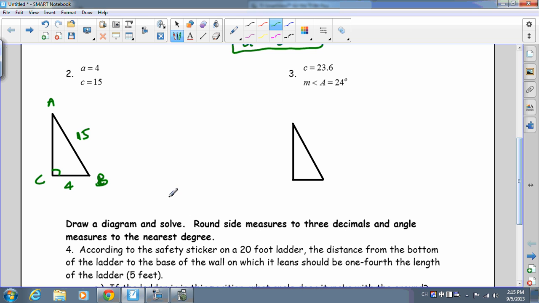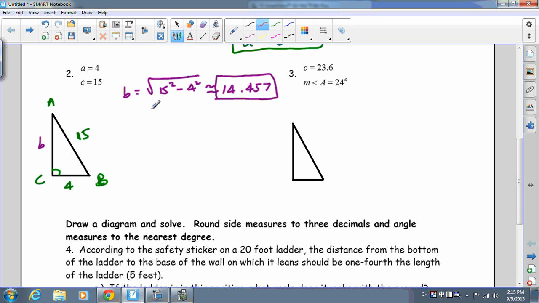Now, knowing that this is 4 and this is 15, 15 being the hypotenuse, using your Pythagorean theorem, you can find the missing side, which I'll call side B. B is therefore equal to the square root of 15 squared minus 4 squared. Using your calculator, the square root of 15 squared minus 4 squared is approximately equal to 14.457. Double check my calculation here, but this is the first answer.